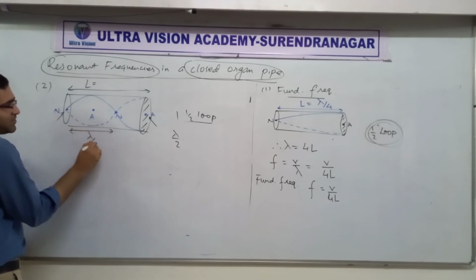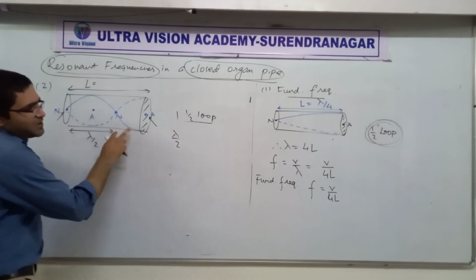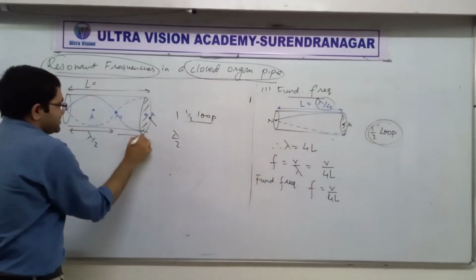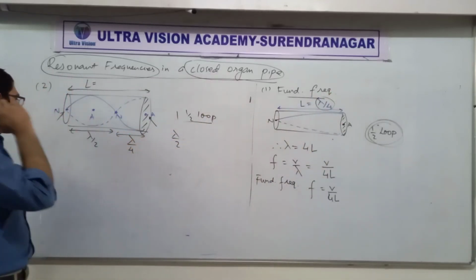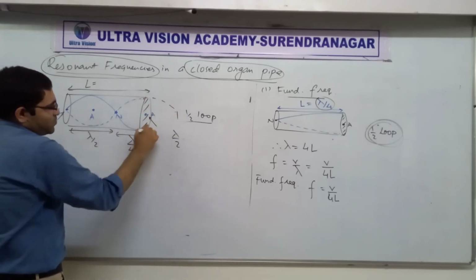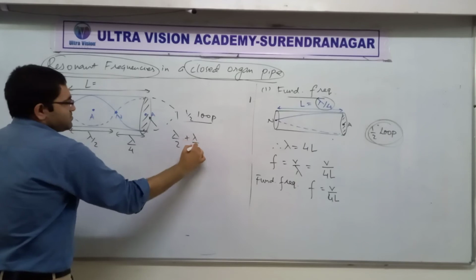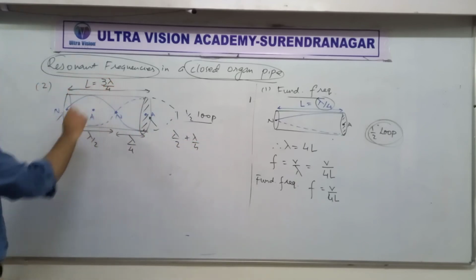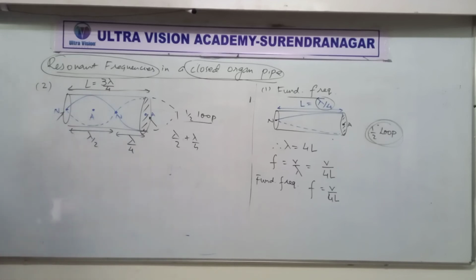And this is node to antinode, this is lambda by 4. Clear or not clear? Why? Because this is a half loop. So L is equal to 3 lambda by 4. Is this clear?